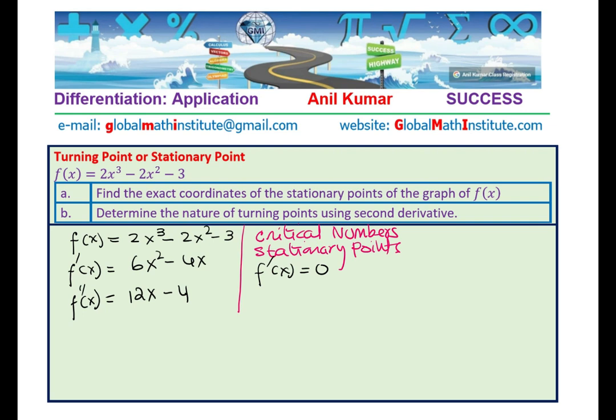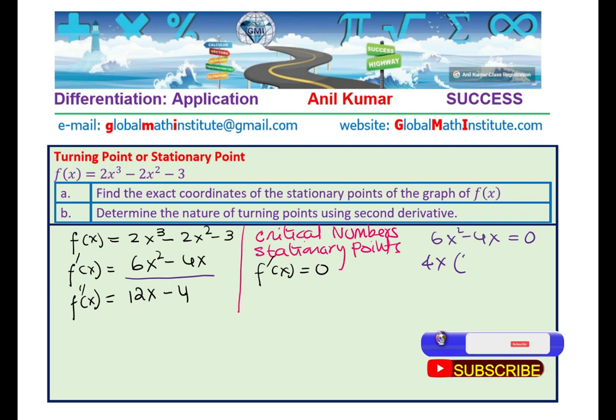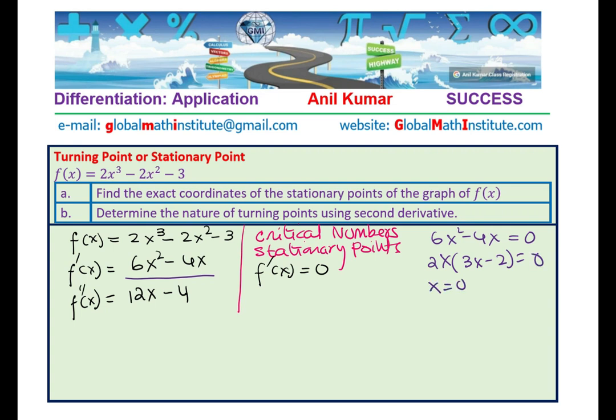So if you equate this derivative to 0, we get 6x squared minus 4x equals 0. Always factor. So 2x is the common factor as we did, right? 3x minus 2, and that gives you two zeros, correct? So x equals 0 and x equals 2 by 3, correct?